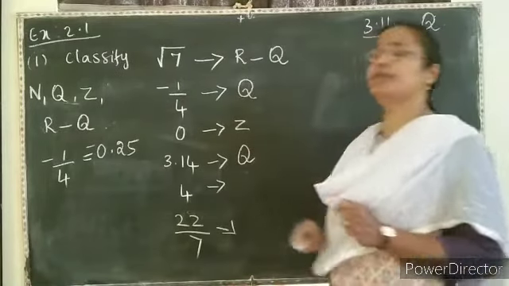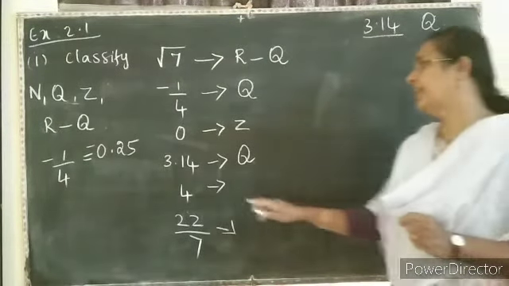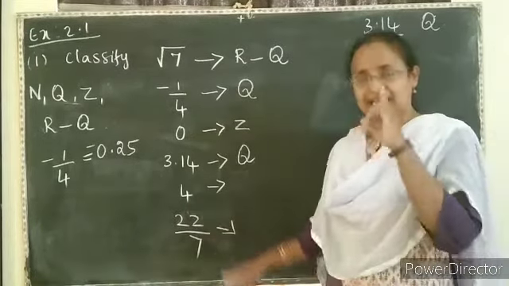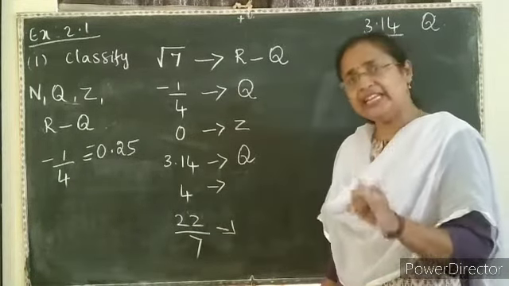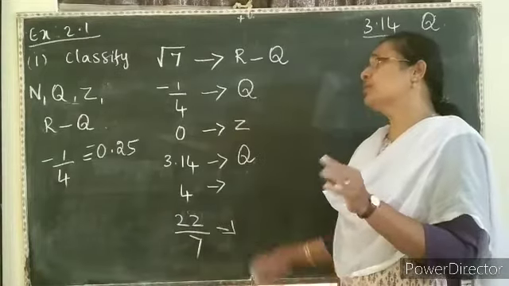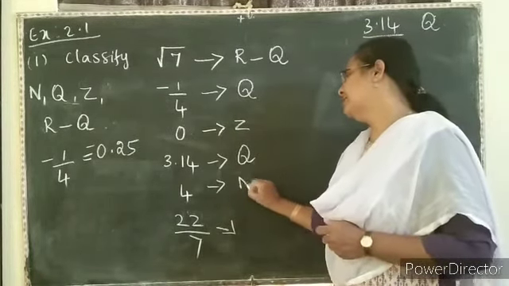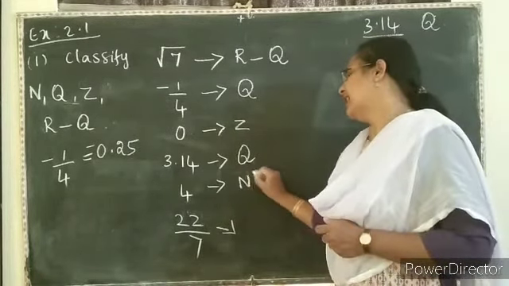So 3.14 is a rational number. Okay, now very simple example given 4. 4 belongs to a natural number, it belongs to an integer and it also belongs to a rational number. So this 4 can be classified into natural number, integer and rational number.